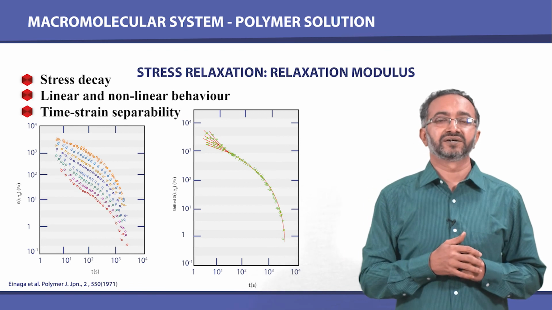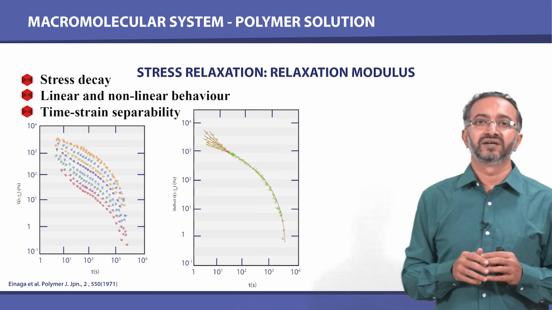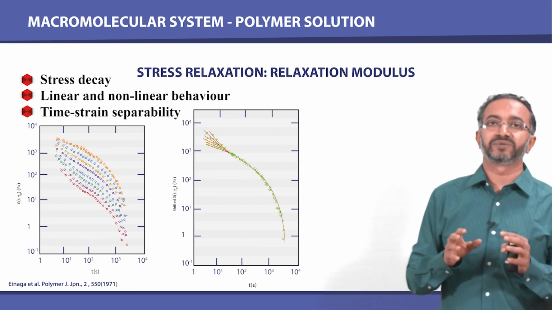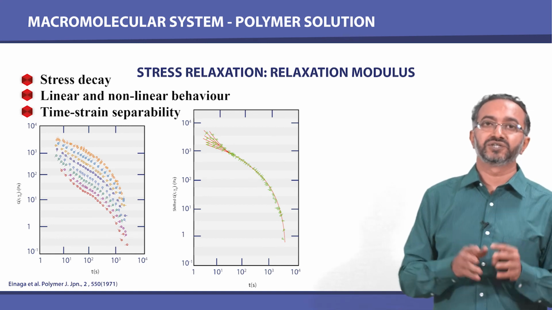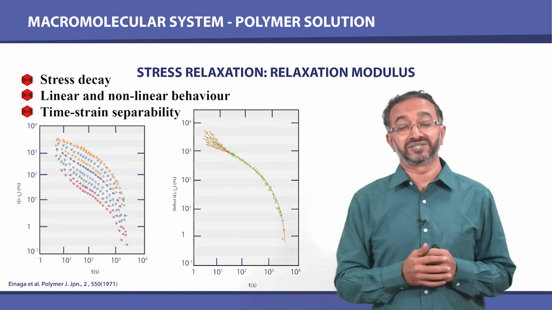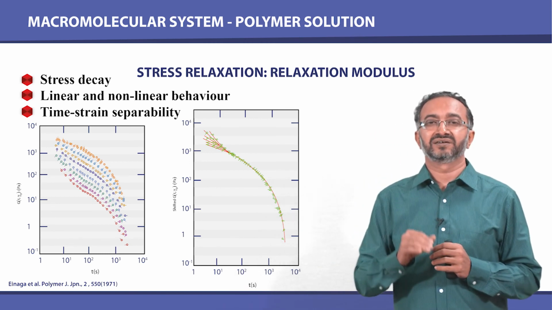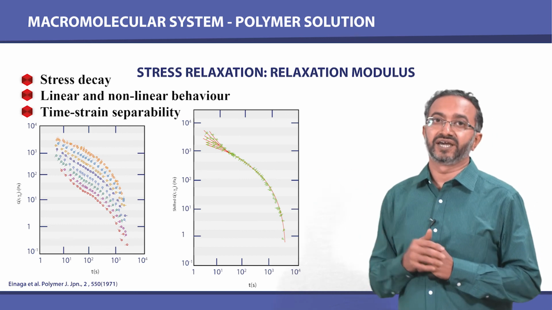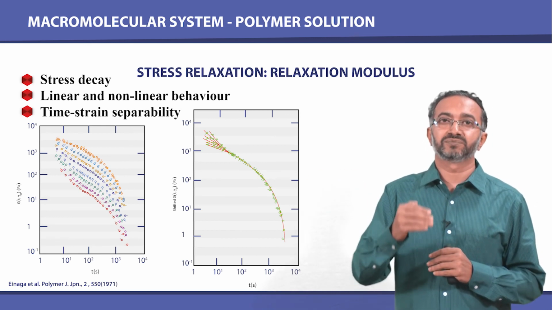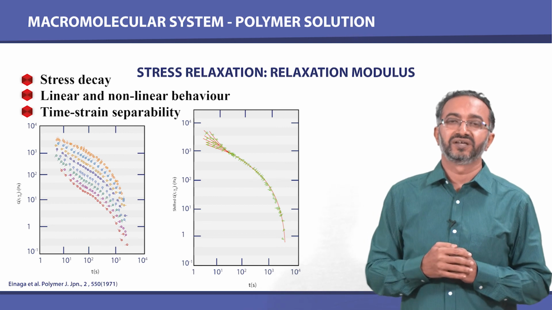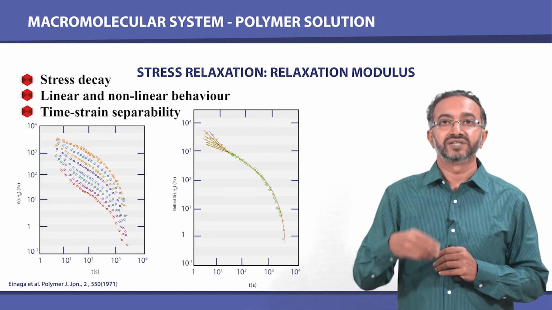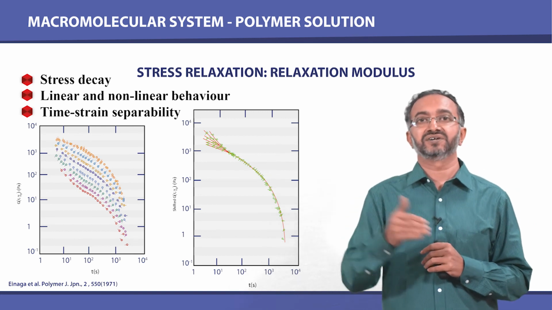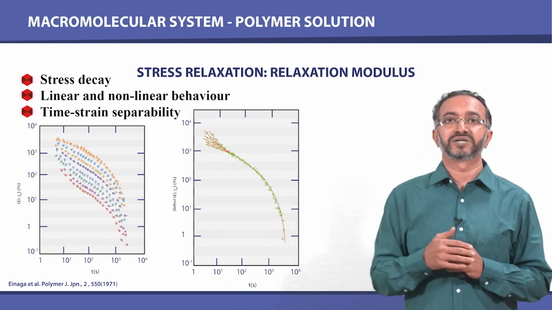And while defining the material function, we had also remarked that for stress relaxation experiment, the relaxation modulus is only a function of time in the linear regime. So, therefore, we can demarcate the linear regime in this case by knowing that we systematically increase the strain value, and whenever the relaxation modulus starts becoming a function of strain, we know that we have reached the nonlinear behavior of the material.